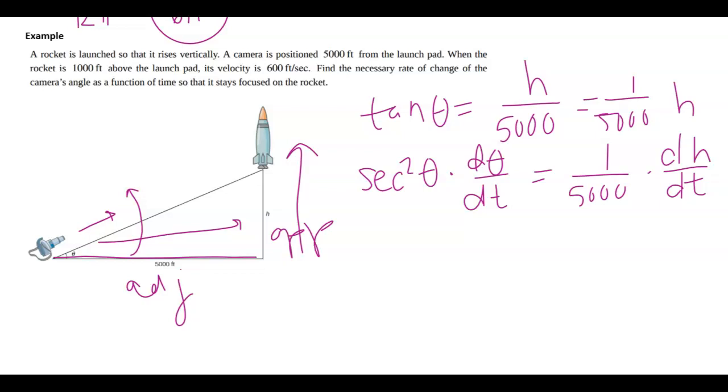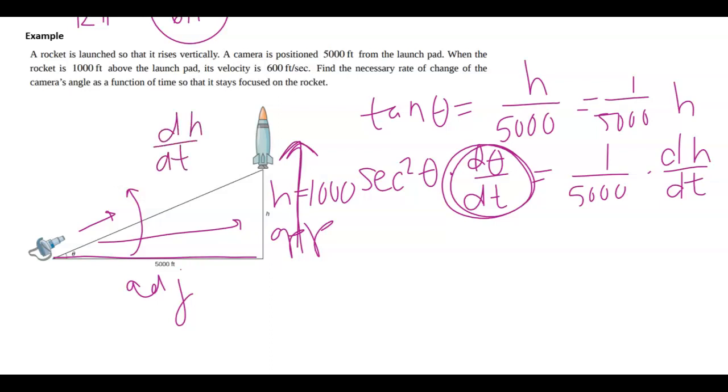Okay, I'm solving this for d theta dt at the time when h is 1,000. I also know the velocity, the change in height with respect to time, is 600.